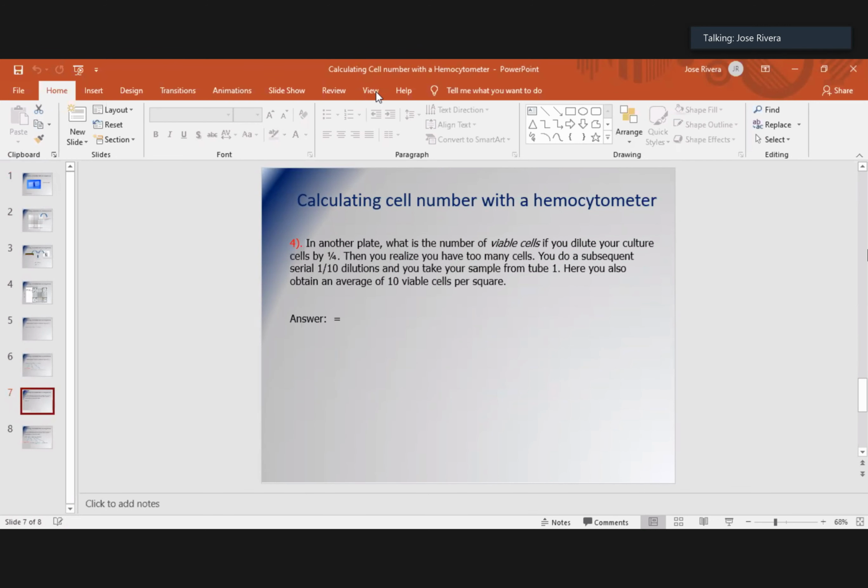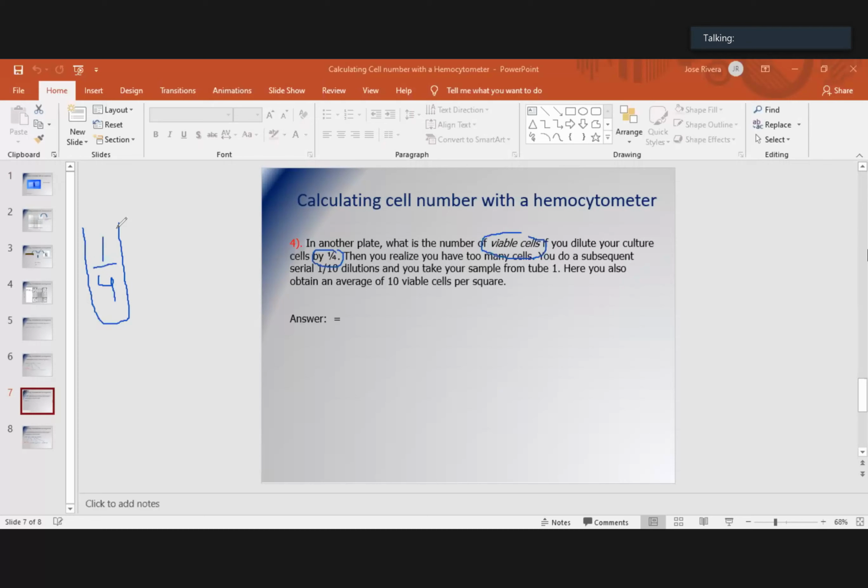Now let's say you have a question where you have a plate and you want to know the number of viable cells. And in here you're doing two dilutions. You dilute your culture 1/4. So the first dilution, you diluted 1/4.